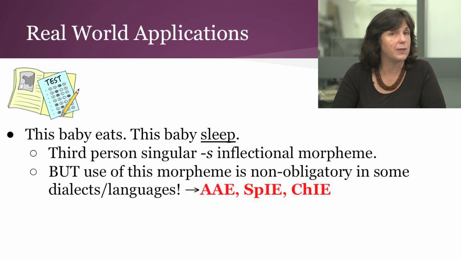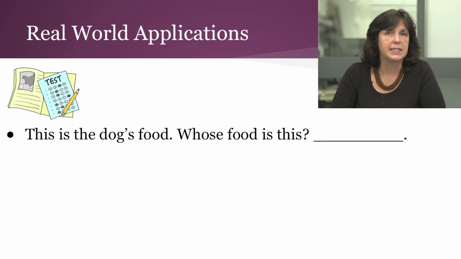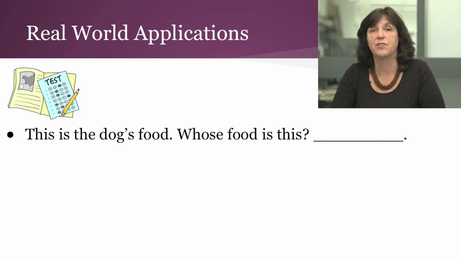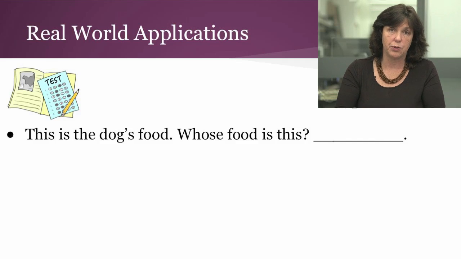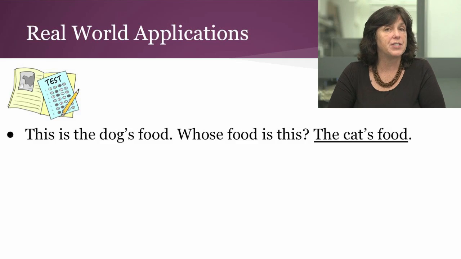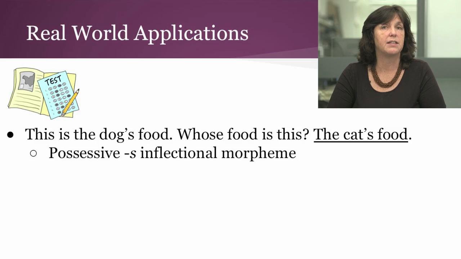Let's take a look at another question. This is the dog's food. Whose food is this? And we would have a picture of a cat eating food, so the child would be prompted to say, the cat's food. What morphosyntactic feature is this question assessing? It's assessing use of the possessive S inflectional morpheme.